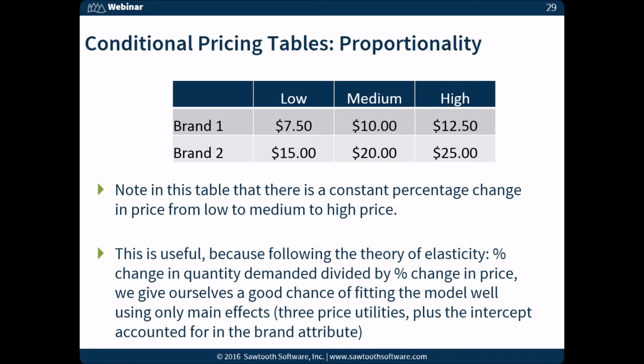The thought behind it is that the percent change in quantity demanded divided by the percent change in price gives us a really good chance of fitting the model well using only main effects, instead of having to use interactions, which is really nice and allows us to keep our sample size manageable. The minute we introduce interactions, we introduce more parameters, and thus we want a larger sample size as well.